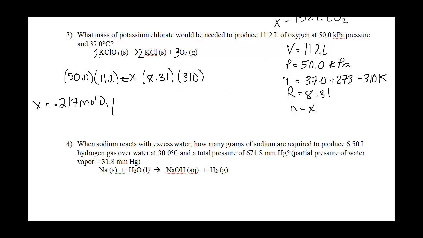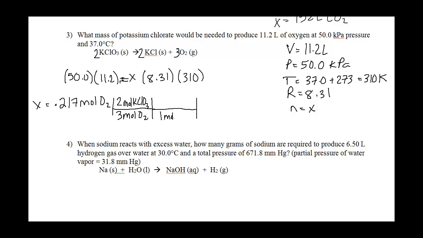So I had to do the gas law first. Now I can go back and do some stoichiometry. So moles of oxygen, but it asks for potassium chlorate. For every 3 moles of oxygen, I need 2 moles of potassium chlorate. Okay, it didn't ask for moles, it asked for grams.